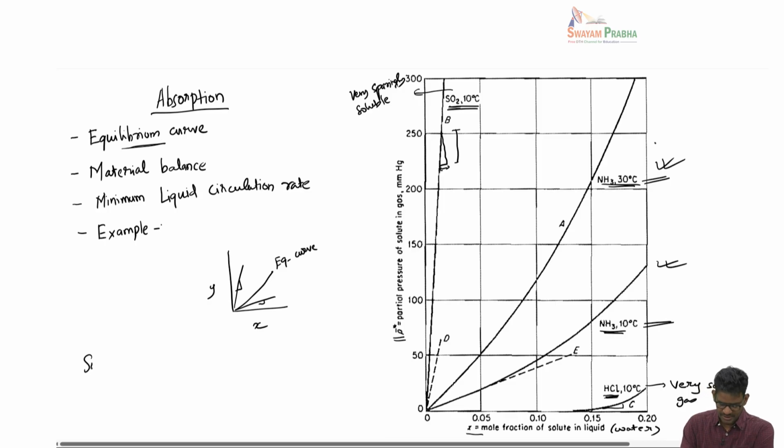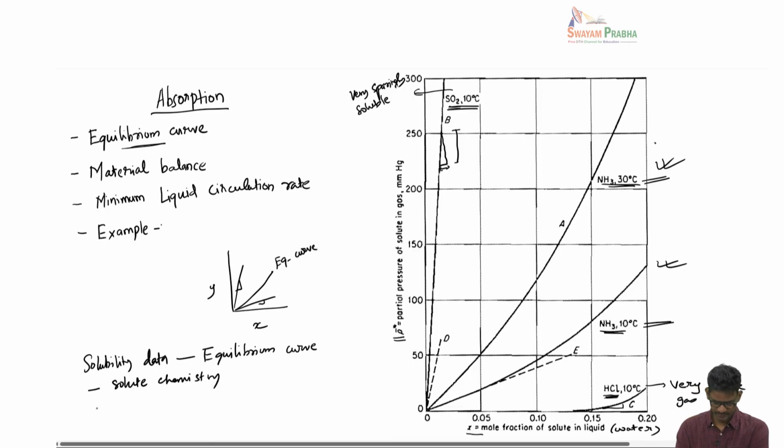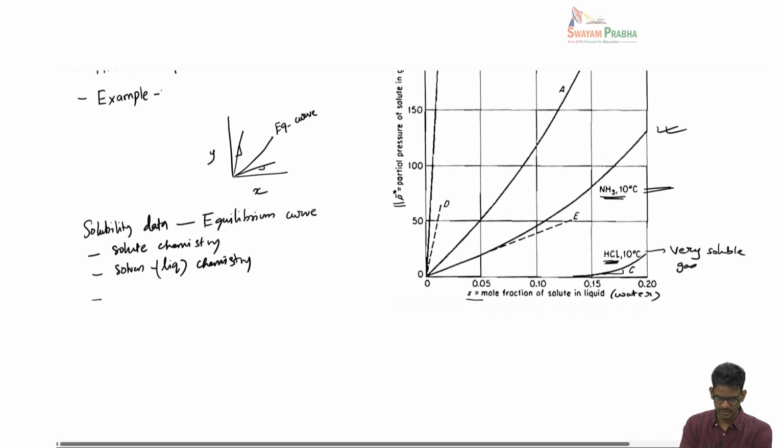So the solubility data, which is essentially what we call the equilibrium curve, depends on the solute chemistry, the molecular makeup of the solute, it depends on the solvent or liquid properties or chemistry, and it also depends on temperature.